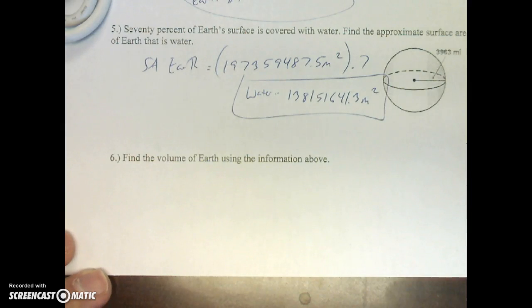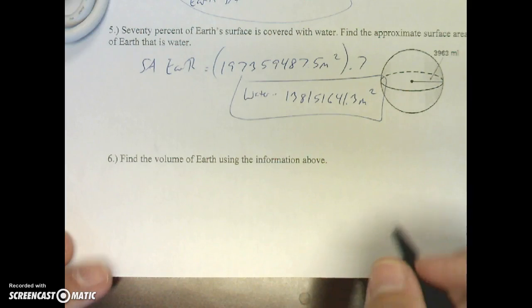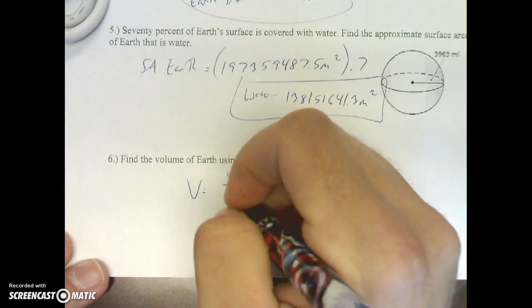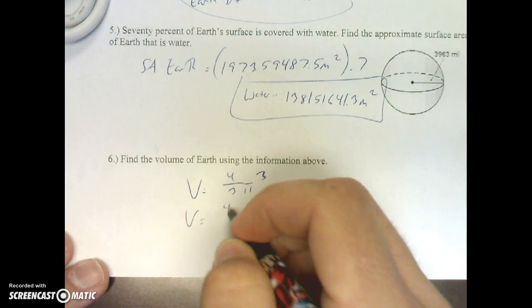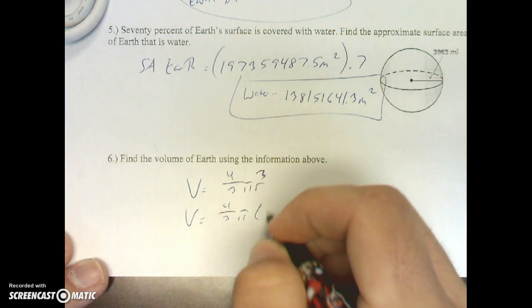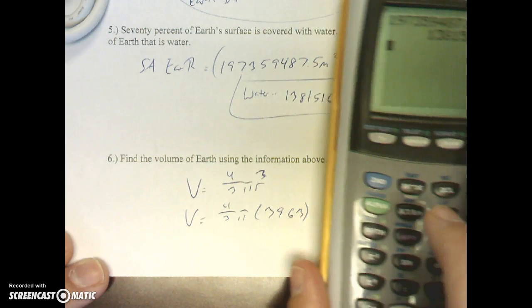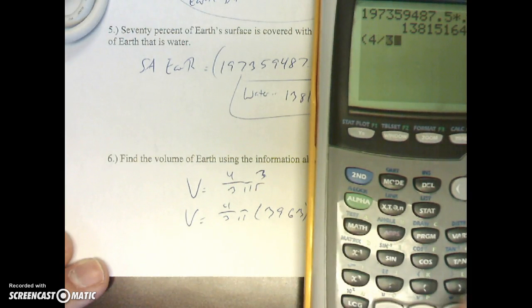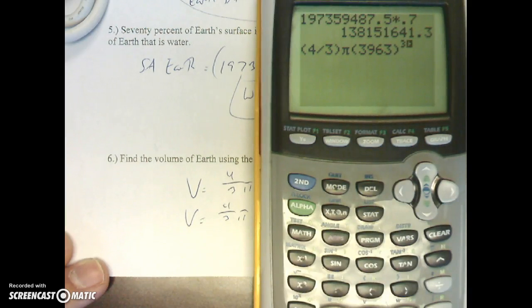And we finally made it, guys. Find the volume of Earth using the information above. So volume is 4/3 pi r cubed. So we got volume equals 4/3 pi, and my radius is 3,963. So I'm going to go to my calculator: 4/3 pi, and then 3,963 cubed.